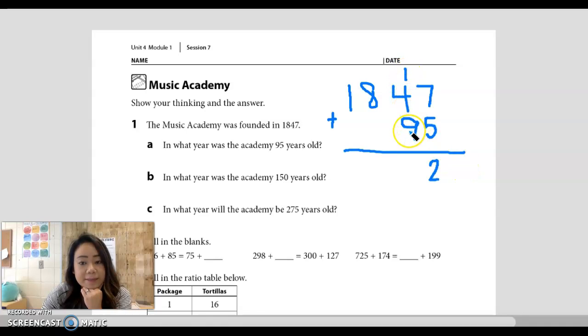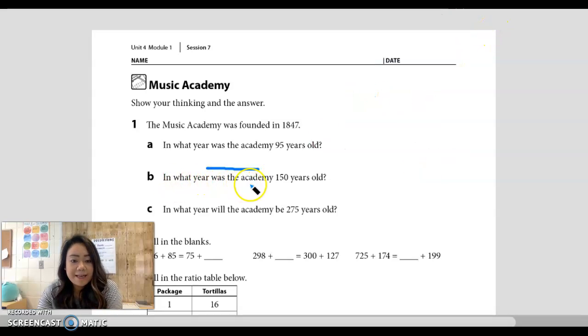Then I'm going to add these numbers. And I got 14, so I'm going to put the 4 and carry the 1 and solve the rest of this. Whatever answer you get, write it here.